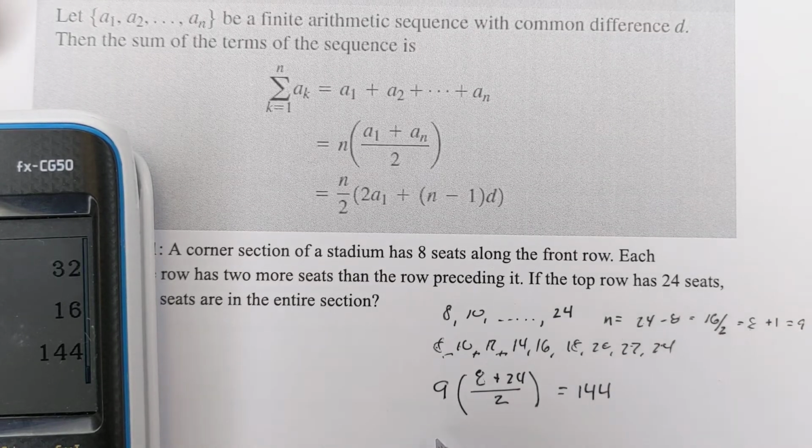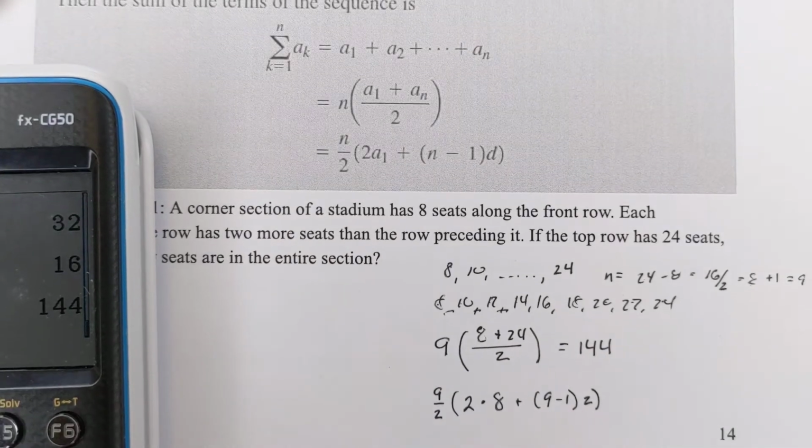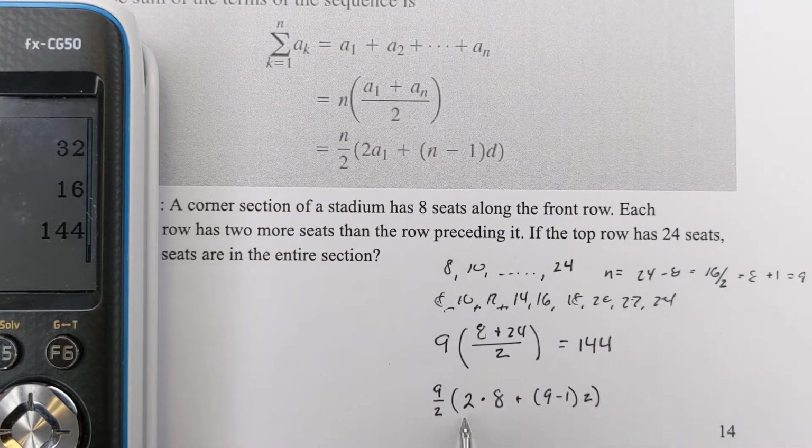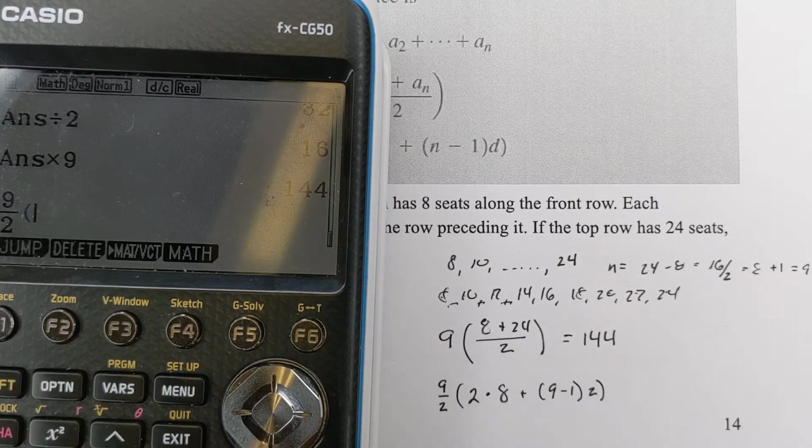Or I could use the other formula. So 9 over 2, times the quantity 2 times 8 plus 9 minus 1 times the common difference. Let's just type that in exactly as is. 9 halves times 2 times 8 plus 9 minus 1 times 2.